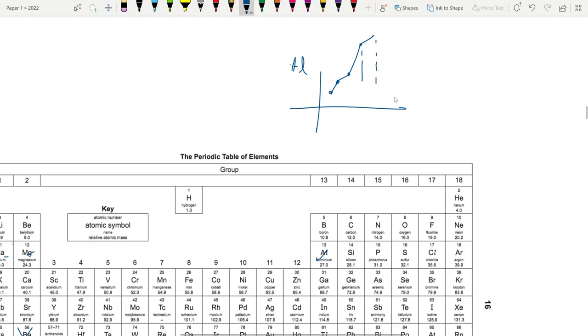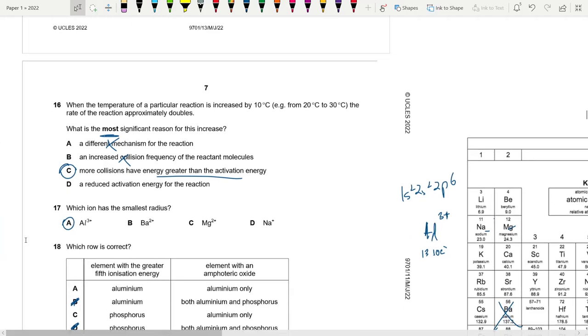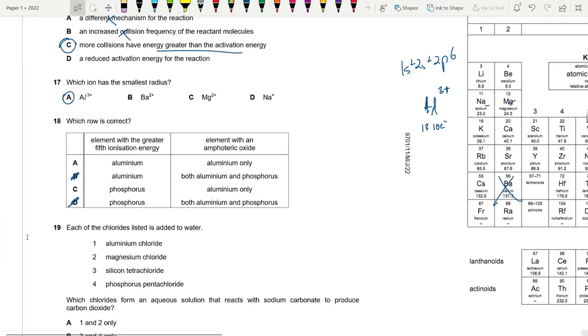But for phosphorus, since phosphorus is in group 15, it's gonna be like 1, 2, 3, 4, 5. The sixth one should be a huge jump. Do you get it? So the fifth one isn't that high, but for aluminium, the jump occurs much earlier after the third IE. So logically, aluminium should have the higher fifth ionization energy. Understood? That's why the answer is A.